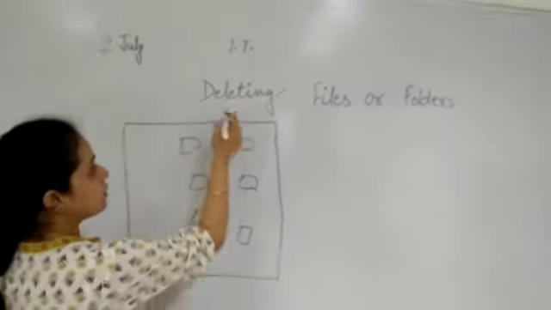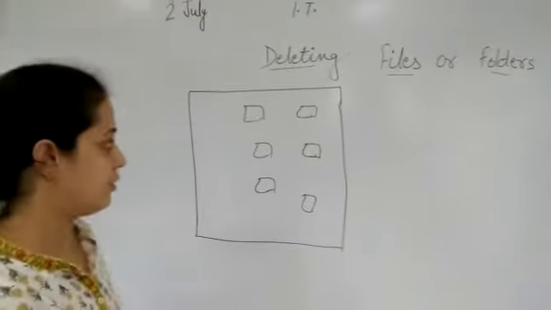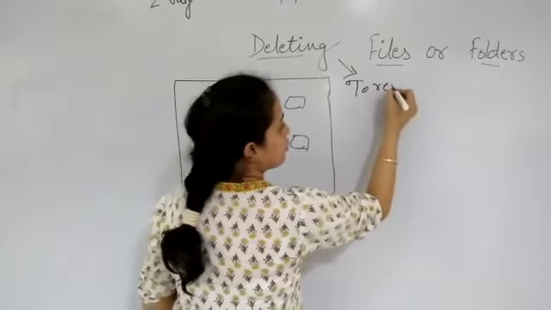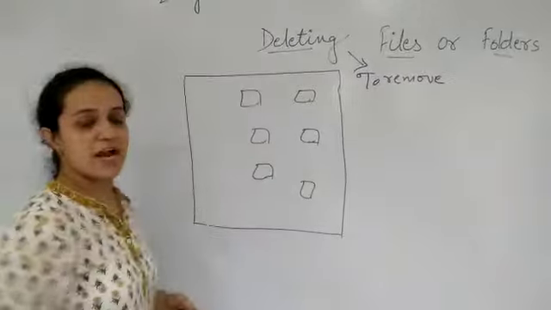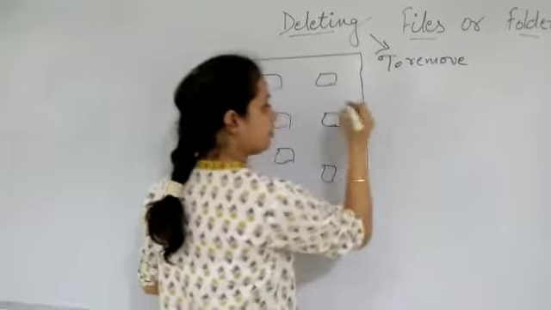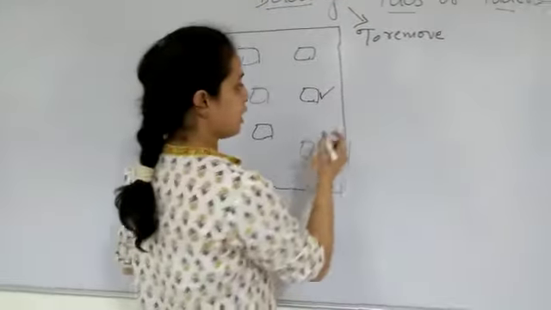Next, we will learn how to delete a file or folder in our computer system. Deleting means to remove or to erase. Now suppose these are the files and folders in your computer system. Now I want to delete this file. What should I do?